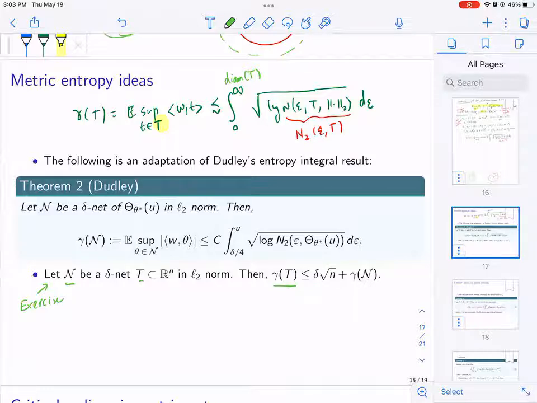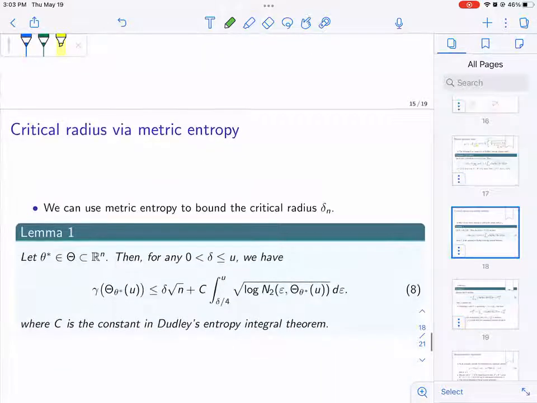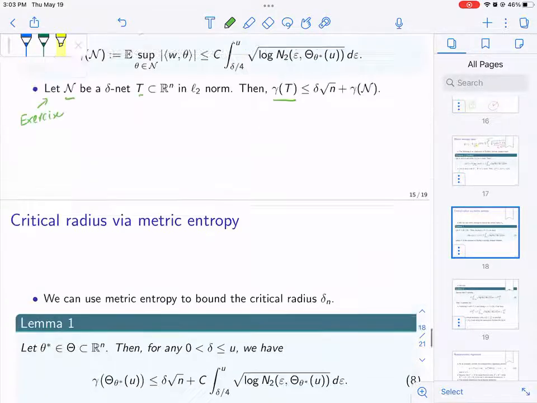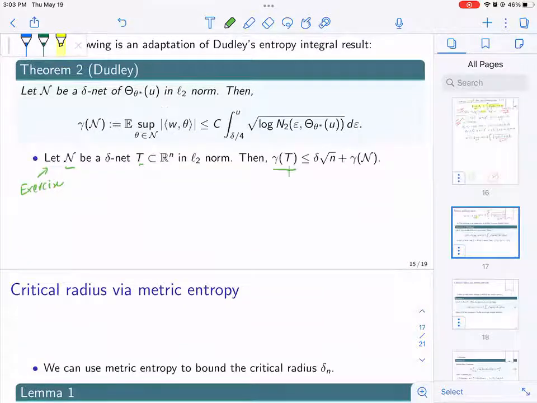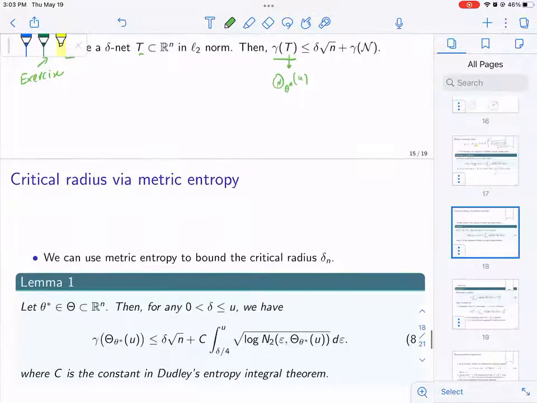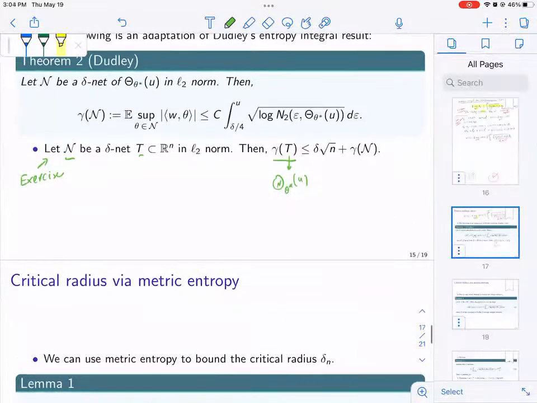So let's combine these two facts. If I combine the two facts, then for theta star u, and this is a net, what I would get is this is going to be bounded by delta root n plus c times that integral.